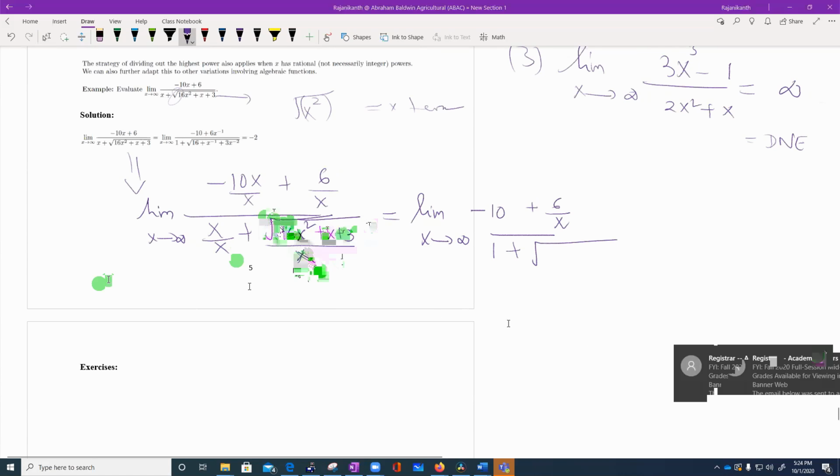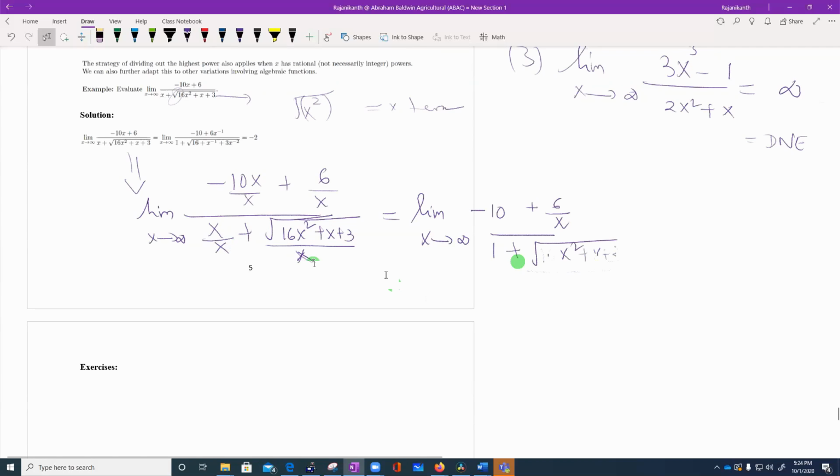Therefore I am creating a square root here. x could be written as the square root of what? So I am replacing x by the square root of x squared. Why am I writing it like this? Because I'm going to move it inside this square root to match up. Okay. So now this will be simplified to negative 10 plus 6 over x.